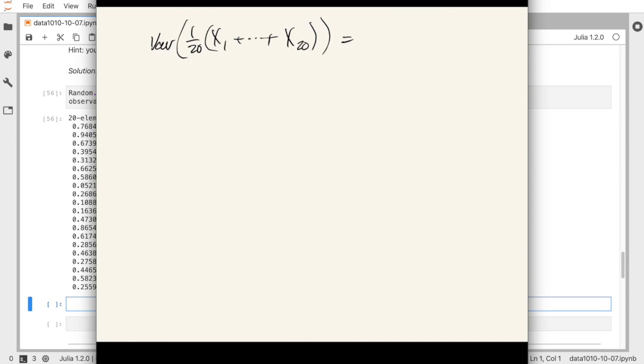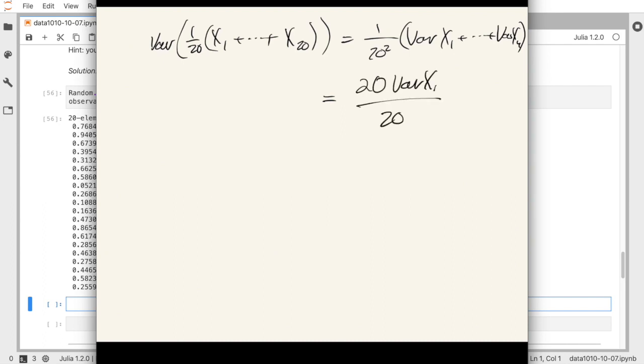So the constant comes out and becomes 1 over 20 squared. And the variance distributes across the plus sign because these random variables are independent. So we end up with 20 copies of the variance of X1 divided by 20 squared. And the variance of a uniform random variable is the length of the interval squared divided by 12. So in this case, that's 1/12.